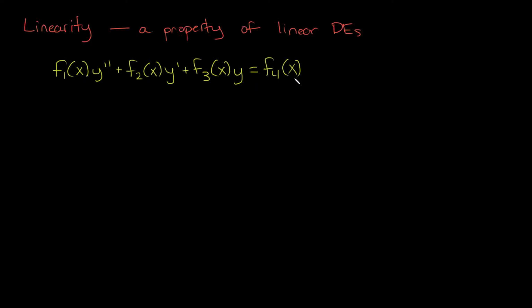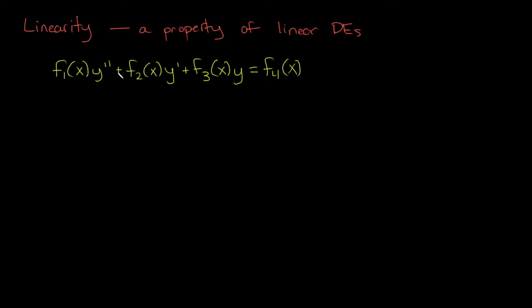Now, in general, you could also divide by f1 and then get 3 new functions of x that are different. That's fine, but for now, we'll just keep it even more general than the general form, which is just a joke, of course, because this is just as general as if you didn't have the f1. All right, that aside, this is the most general form of a linear second-order differential equation, because you have any function of x in each of these slots.